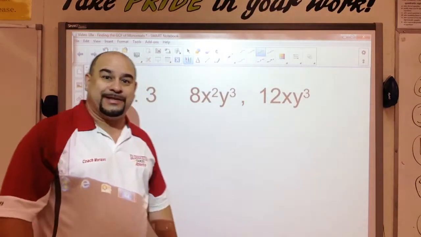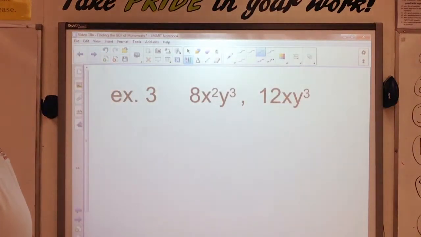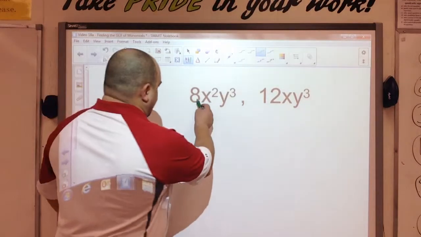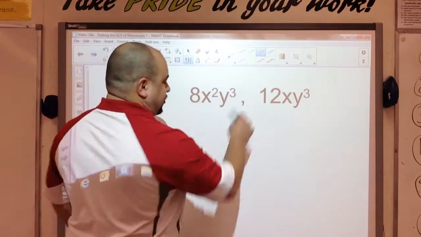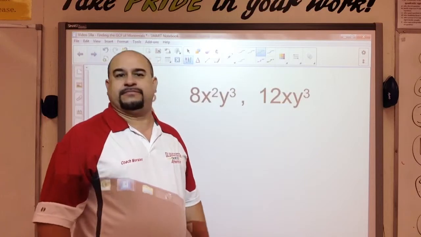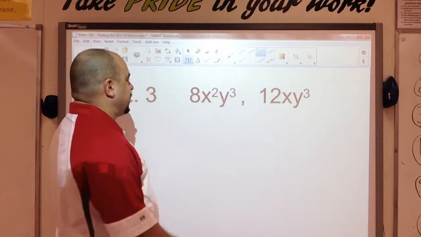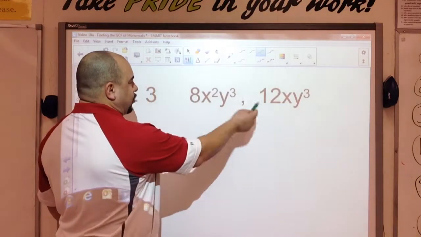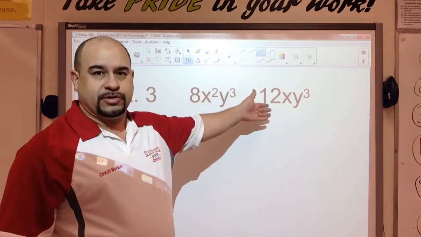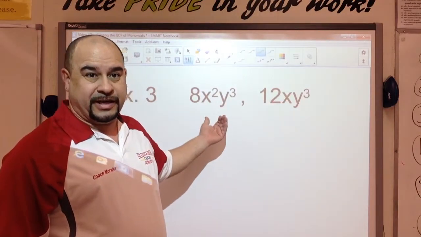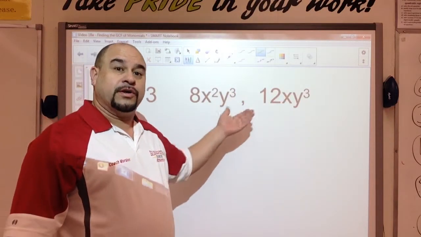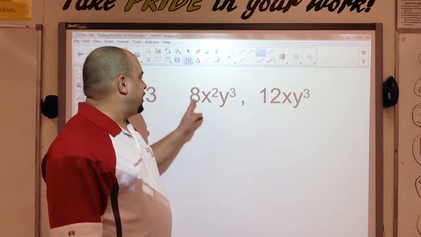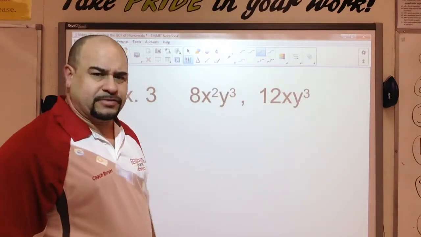Take a minute and write it down. You have 8. Ask yourself, does 8 go into 12? No, it does not. And so you can say, well, what factors of 8 does go into 12? 2 goes into 8, goes into 12. 4 goes into 8, goes into 12. And I think that's the highest one.